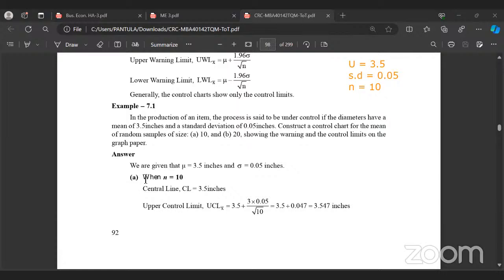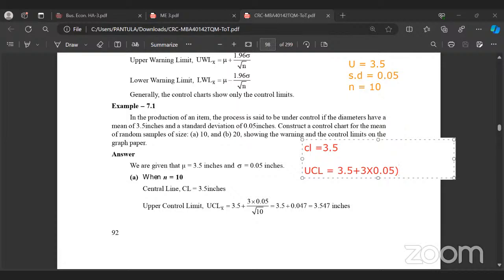Now, when n is equal to 10, what is the central line? The central line is 3.5, already given. Then the upper control limit: UCL is equal to 3.5, the central line, plus 3 into the standard deviation, 0.05.